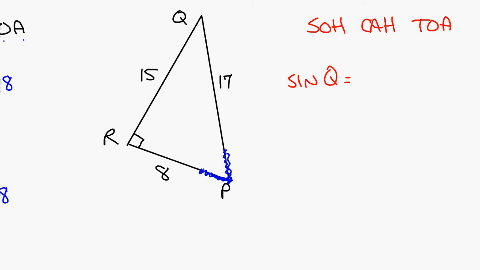Sine is equal to opposite over hypotenuse, and the side that is opposite angle Q is 8 units long. And the hypotenuse is still 17. Cosine of angle Q. Cosine is equal to adjacent over hypotenuse. The side that is adjacent to Q is the side that's next to it that's not the hypotenuse. So your adjacent is 15, and your hypotenuse is still 17.